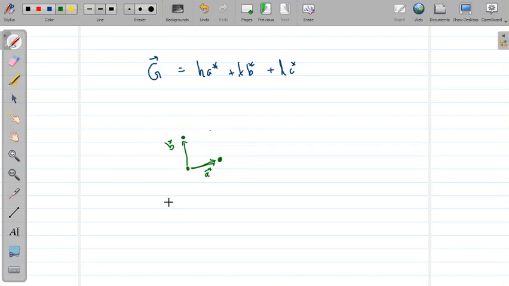In the third dimension, 1 C star vector will give you the point in the third dimension. What will be this point? 1 A star plus 1 B star will give you this point, and so on. By choosing different combinations for H, K and L, you can recreate the whole lattice. So this is the concept of the translation vector.